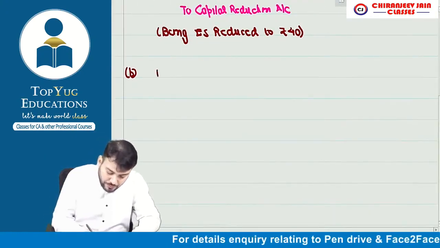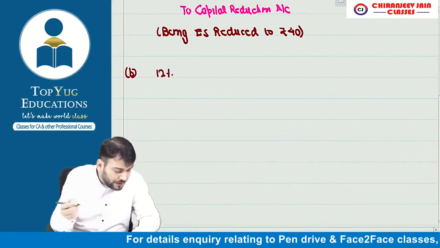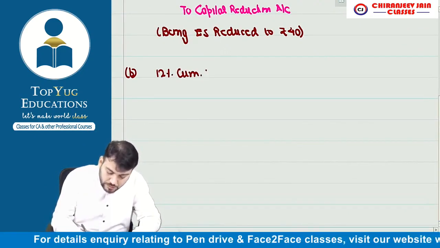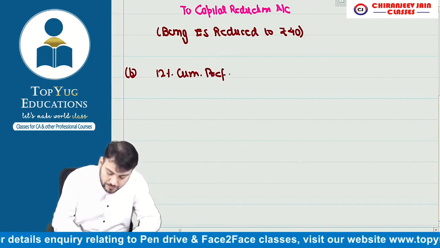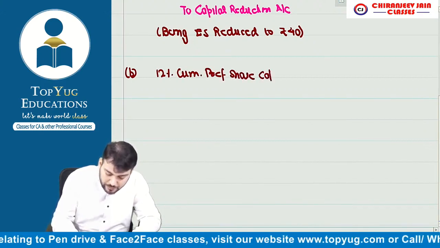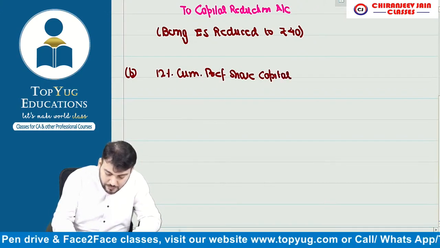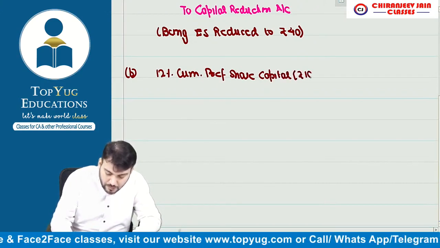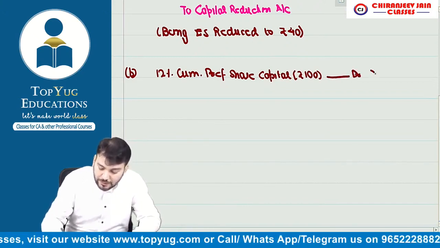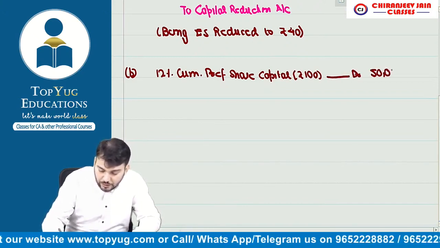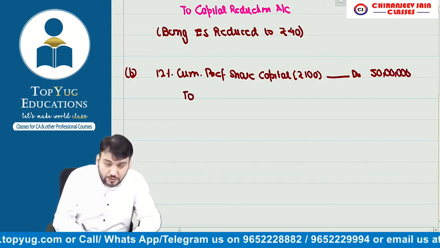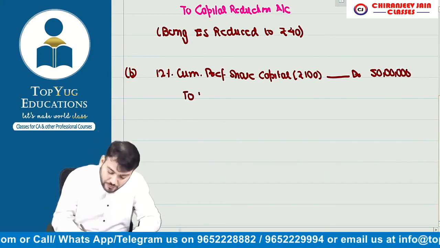Write down 12% cumulative preference share capital, rupees 100 account debit. So this is 50 lakh. It is reduced to rupees 60 each.